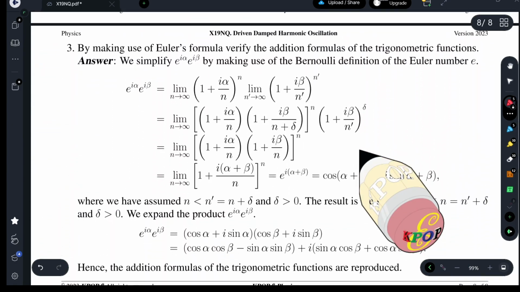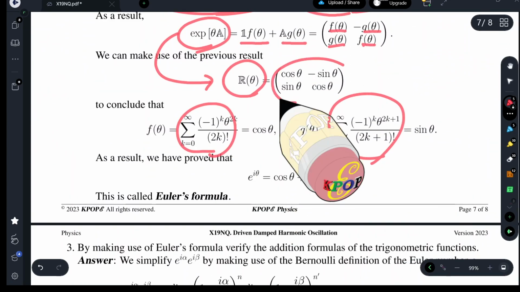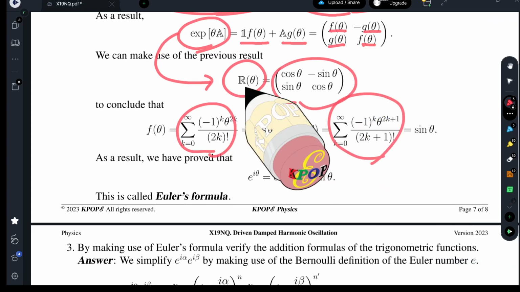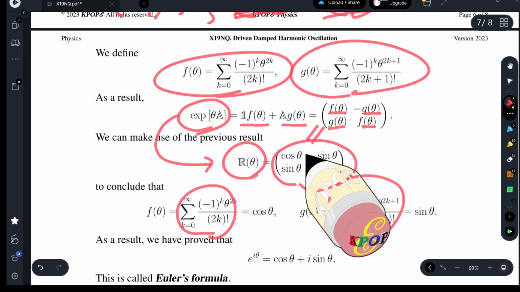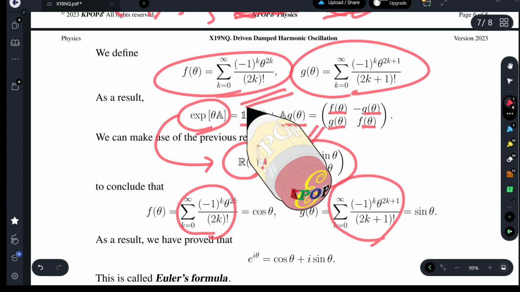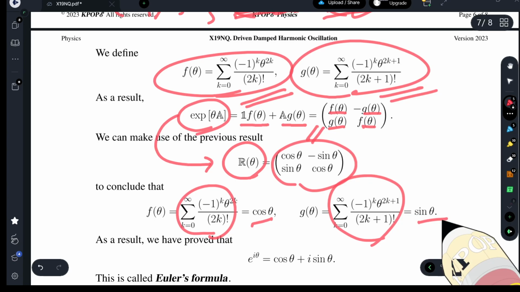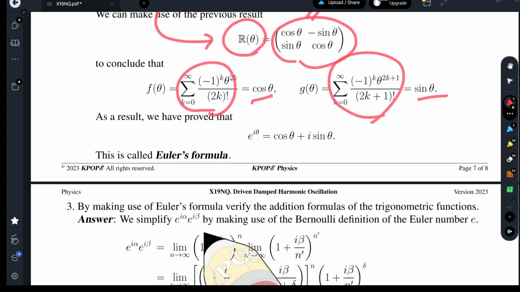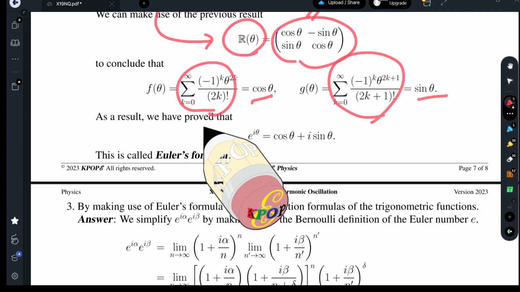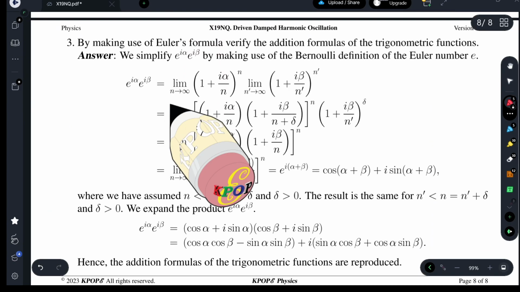So even if I do not know what this is, I do know what the rotation matrix is. Therefore, by identifying these two matrices, I can identify the sums as cosine and sine, even if you were ignorant of the power series expansion of cosine and sine. So this was another proof of the power series expansion of cosine and sine by making use of the rotation matrix.